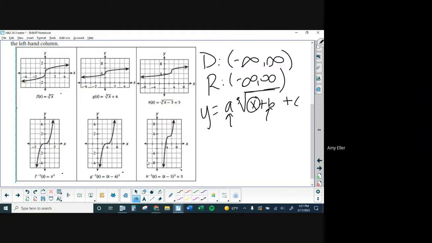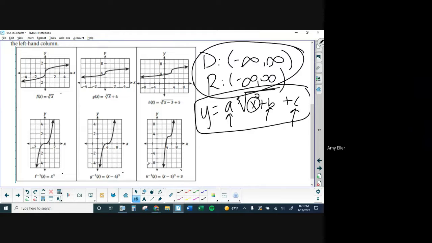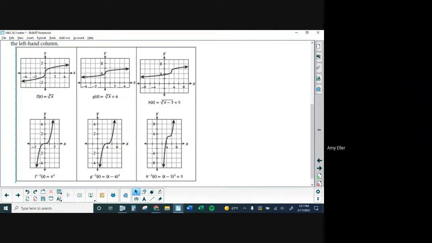You can have any number there, positive or negative for stretch and shrink, and any number there. Any of those will be transformations, and yes, it will follow this. It will be 1-to-1. Its inverse will be a function of 1-to-1. Anything outside of this form, where there's like an x squared plus 3x, whatever, those are the crazy ones that you'll rarely see that will not follow these rules. But most of them will. Most of the ones you see will.